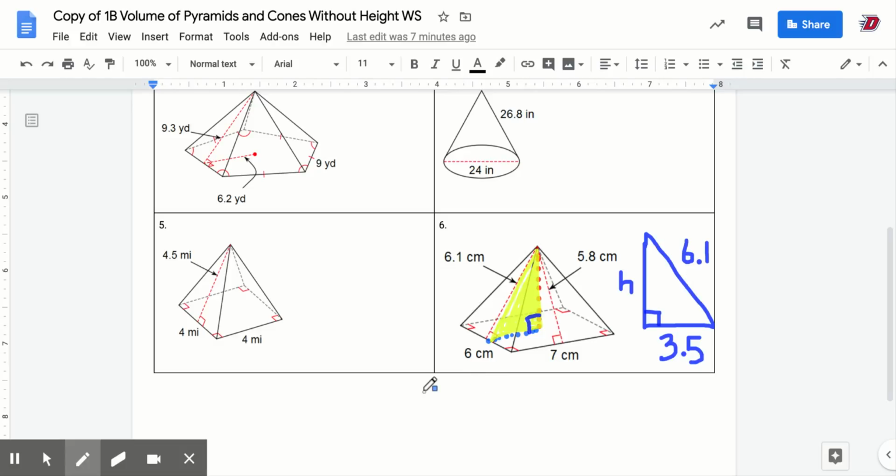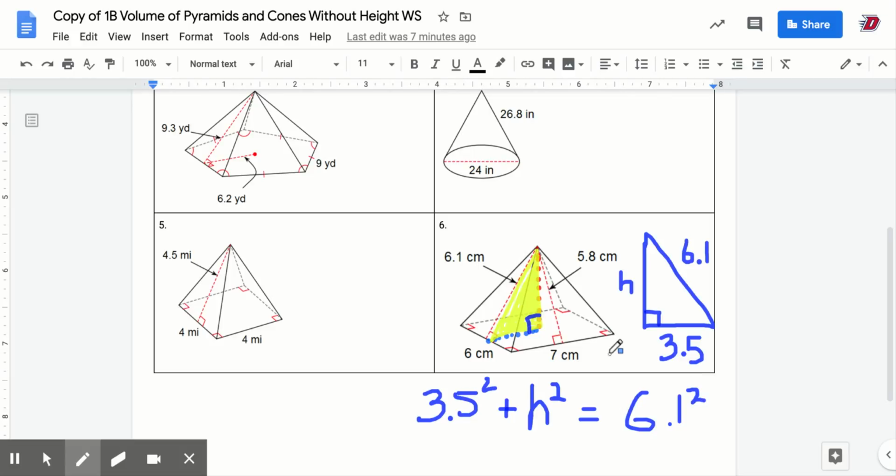Okay, so your equation is going to look like this: 3.5 squared plus h squared equals 6.1 squared.